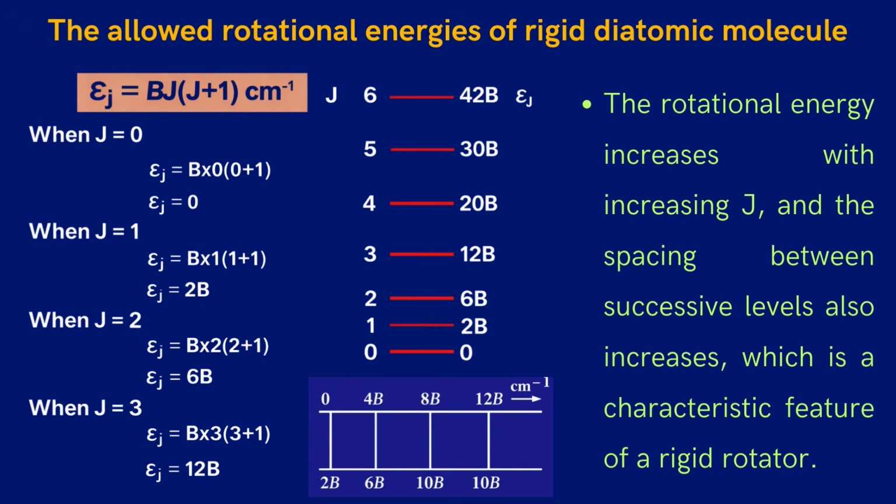Based on the calculation of epsilon J values for different J, the diagram for allowed rotational energy levels is prepared, shown on the right-hand side. Thus, the rotational energy increases with increasing J, and the spacing between successive levels also increases, which is a characteristic feature of a rigid rotator diatomic molecule.